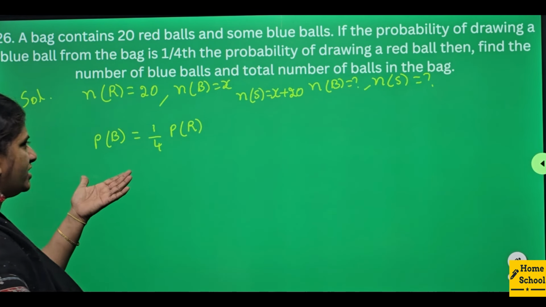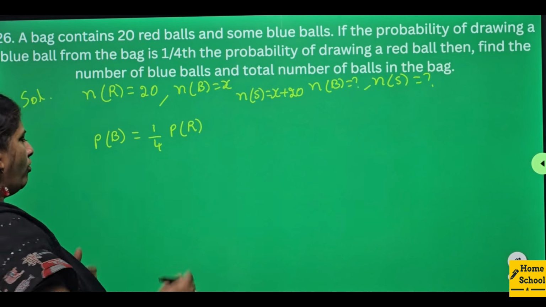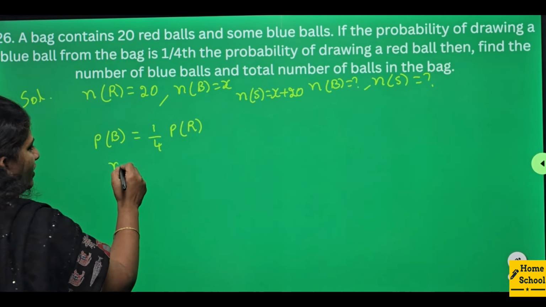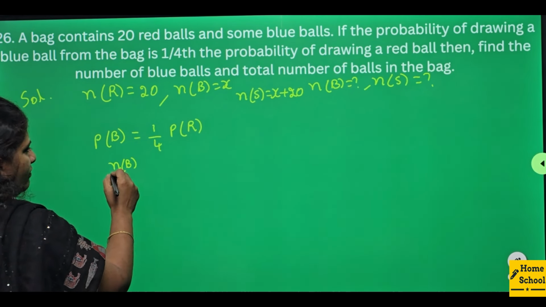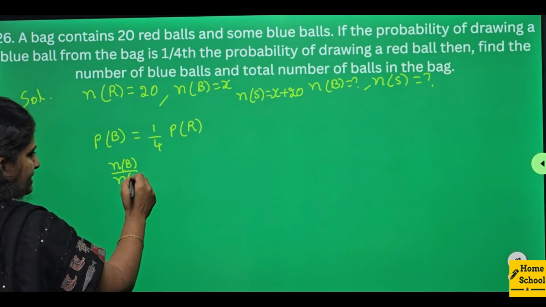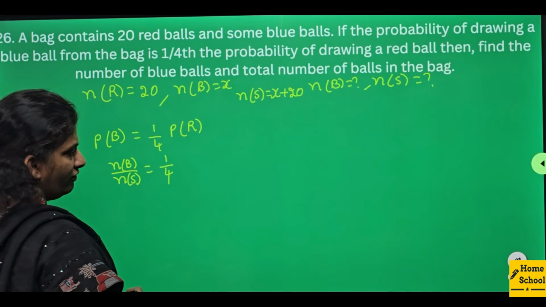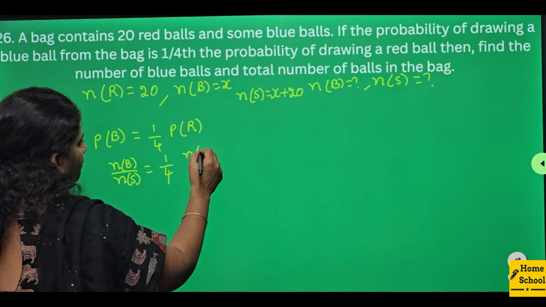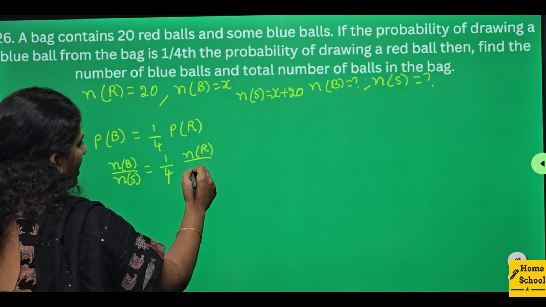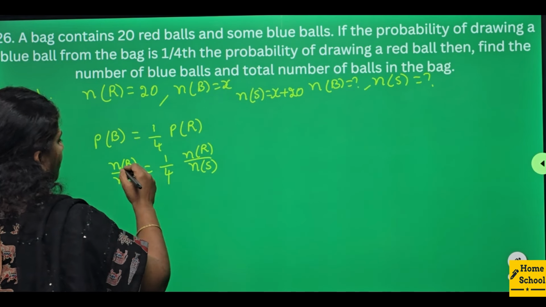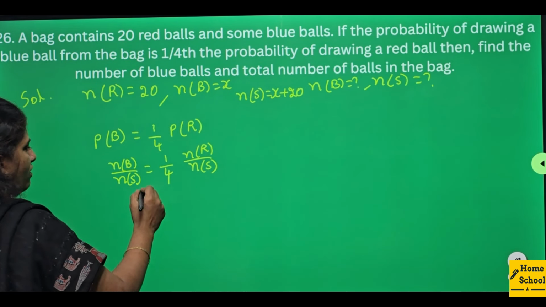Now what is the equation given? Probability of drawing a blue ball, P of B, formula is N of B by N of S is equal to 1/4 the probability of red ball, N of R by N of S. N of B, what is N of B?